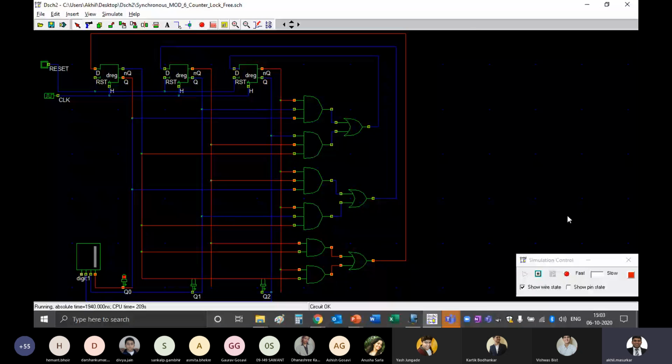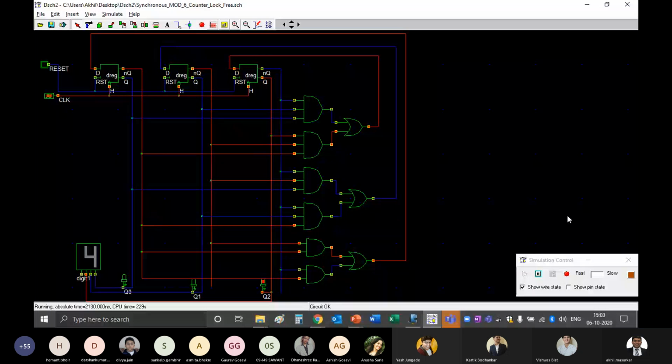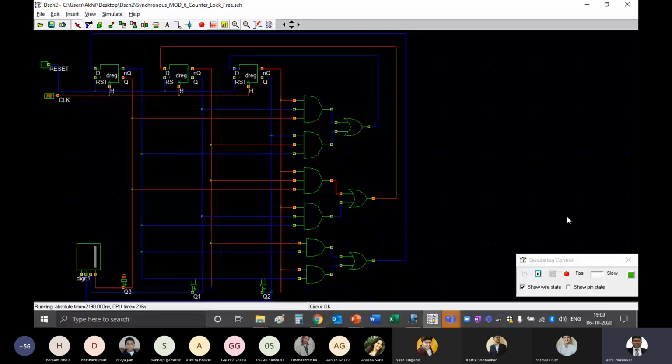There you program using PLC programming, which is done using ladder diagrams. As you progress in the course, the same problem can be solved using three different approaches. The approach that you can take from this course is the Verilog or VHDL approach.